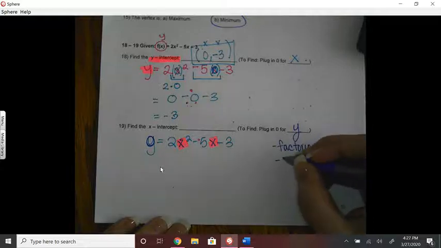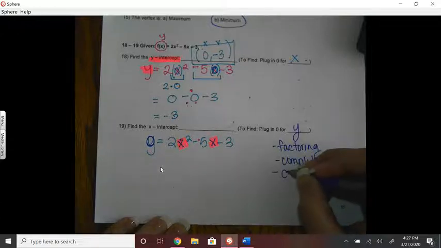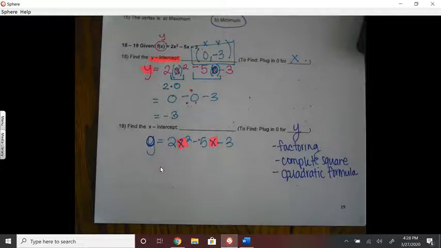We could do the completing the square method. You could use the quadratic formula. So you need to pick one of these methods that we learned. If you have forgotten, look through your beginning of chapter 9 notes and use one of these methods.